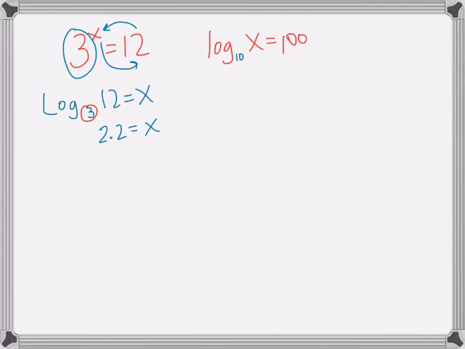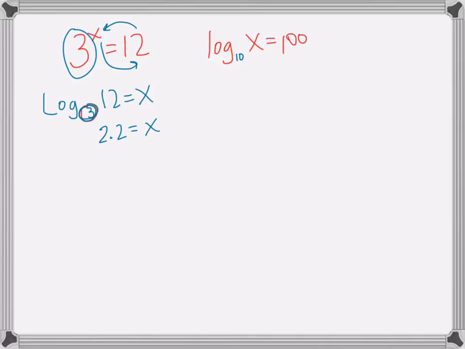It's base 10 because here in the United States, we have a decimal number system, or a base 10 counting system. Remember in grade school when you learned that the ones column, the tens column, the hundreds column, the thousands column, those are all different powers of 10. So we use a base 10 counting system, or a decimal counting system, and logarithms are assumed on that. So if the base isn't written, if we don't know it's base 3, we assume that it's base 10. So if there's no base there, assume it's 10.